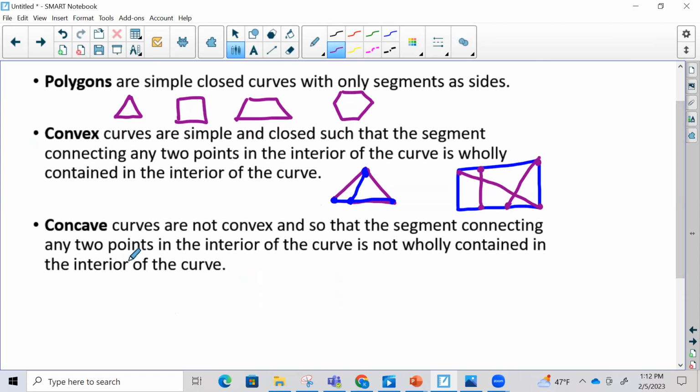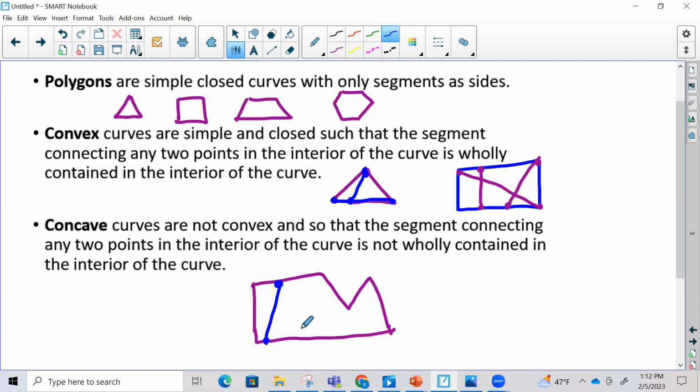Versus concave curves are not convex. And so a segment connecting any 2 points in the interior of the curve is not wholly contained in the interior of the curve. So if I have this curve, if I were to pick this point, and I drew my segment, yes, that would be inside the curve.